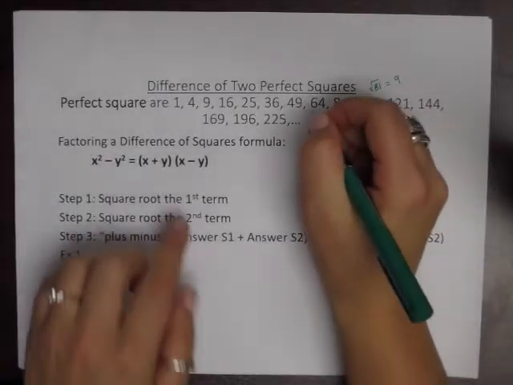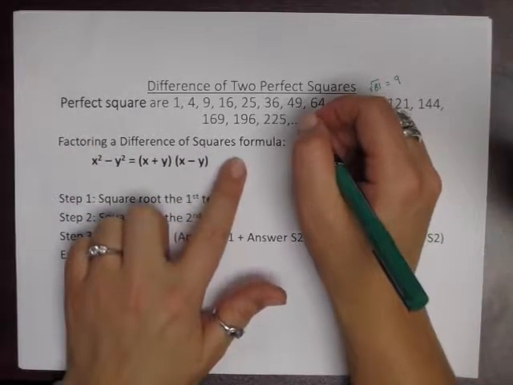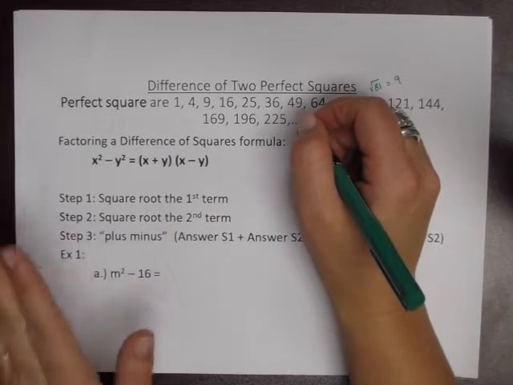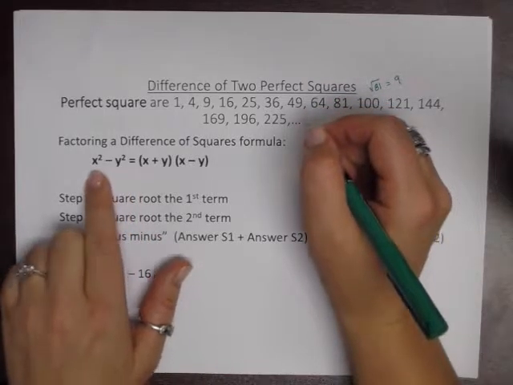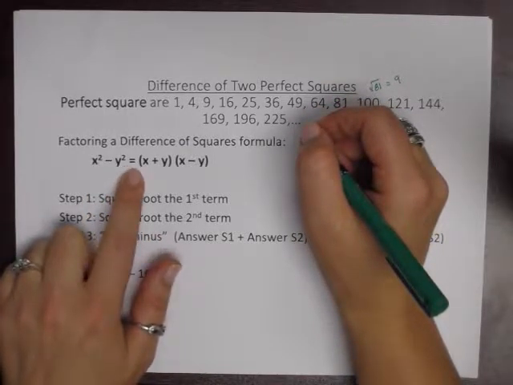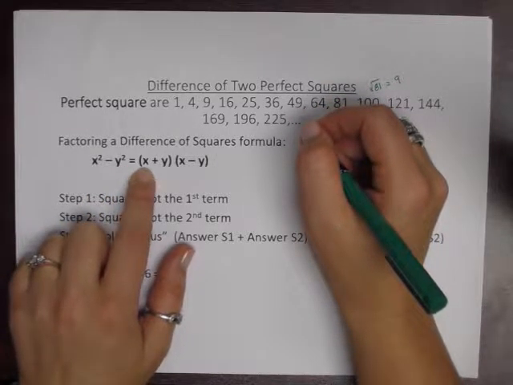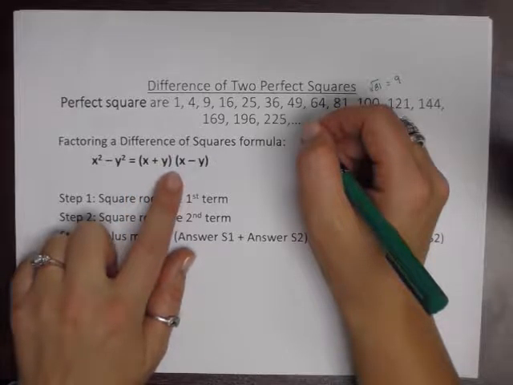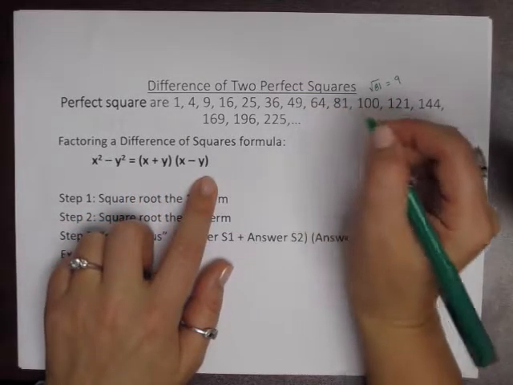Okay? So the factoring the difference of squares formula is x squared minus y squared equals x plus y, parentheses, times x minus y.